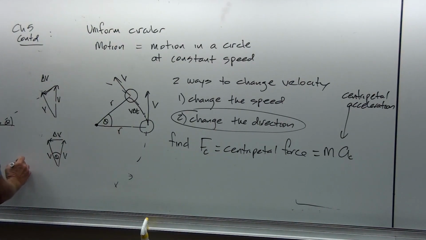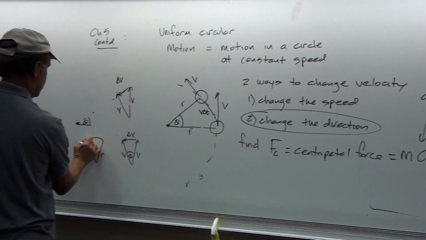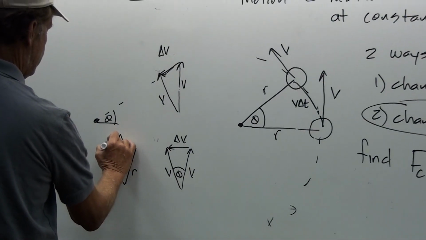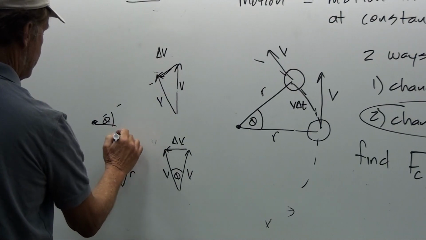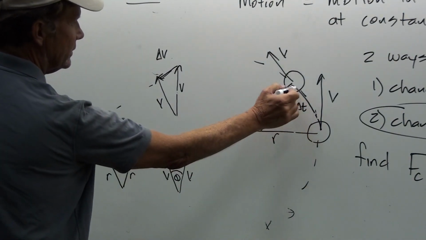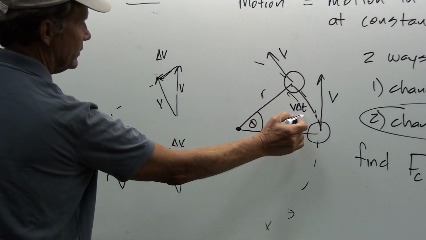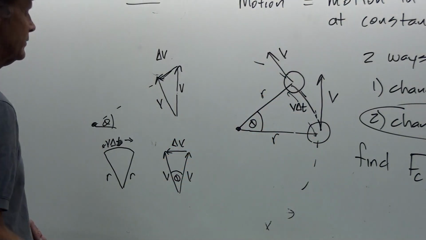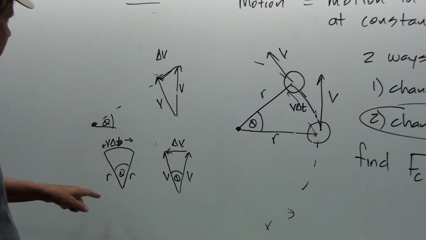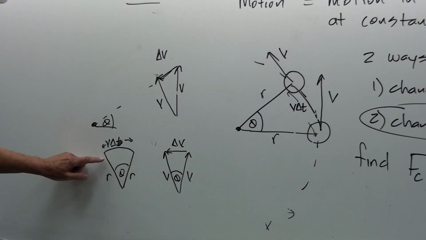So if I want to compare those two, this is R, R, and then v delta t. That's like our little arc length distance that we've traversed: rate times time equals distance. And this angle is theta, so this is also an isosceles triangle.